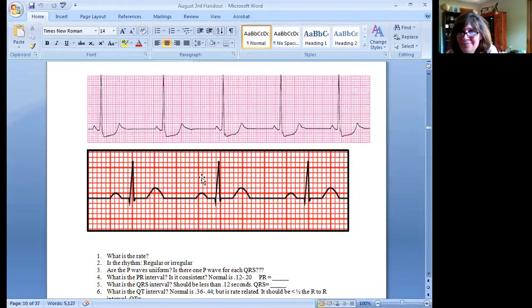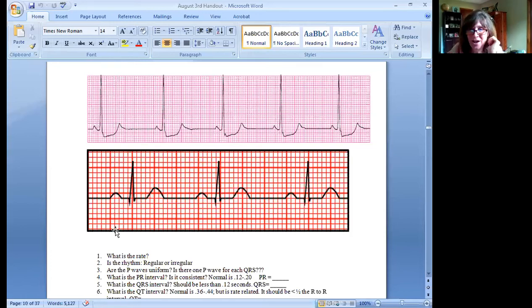75. That, my friends, is a normal sinus rhythm. Why? Because the rate is 75. Between 60 and 100, the rhythm is very regular. I've got nice uniform P waves that came from the SA node. PR interval is good. What is it? 0.04, 0.08, 0.12, 0.16.